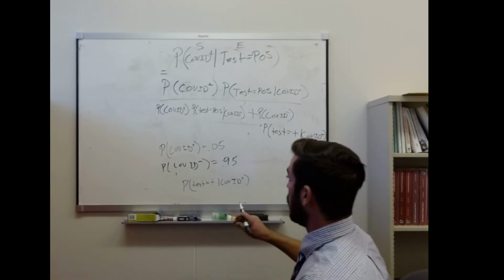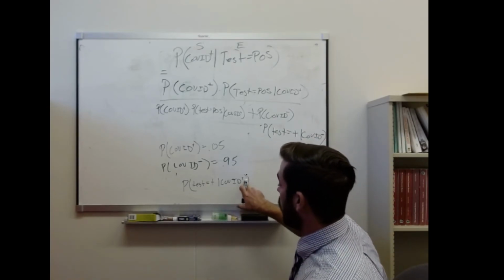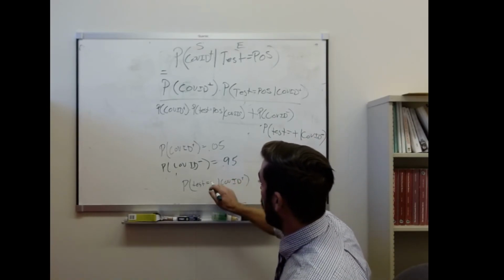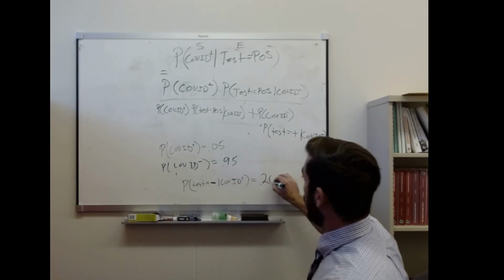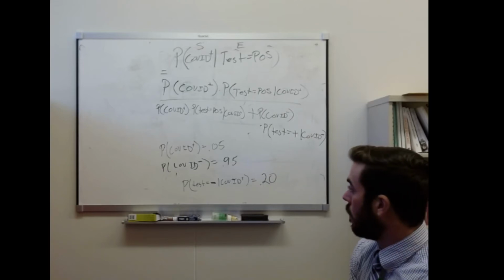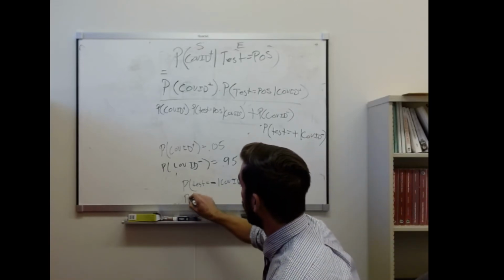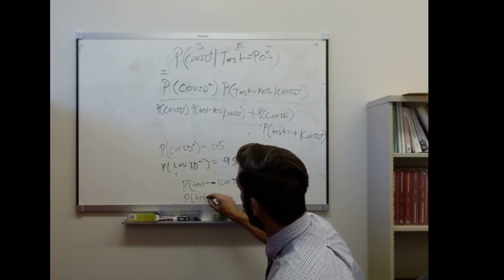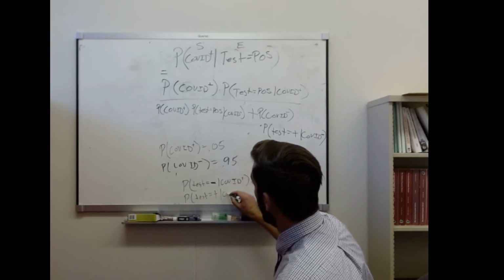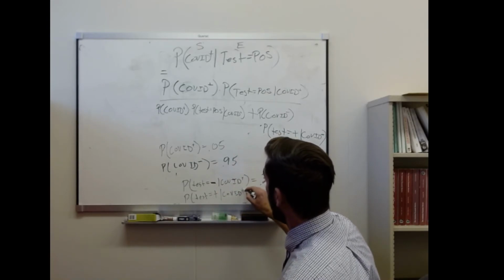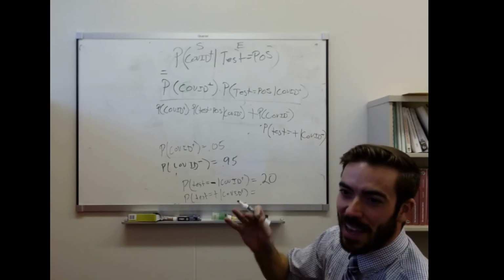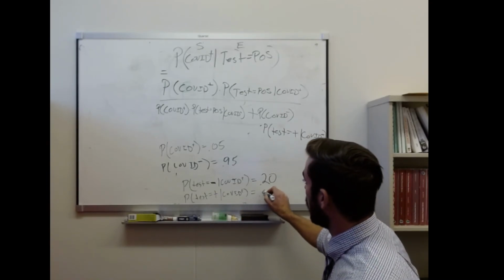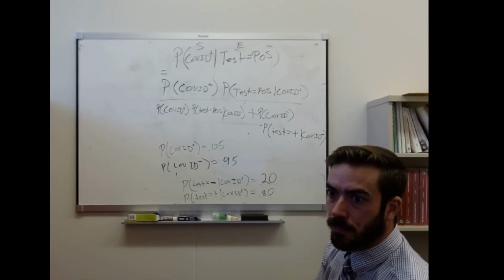Let's use 20%, okay? So that was telling us, given that they are COVID positive, the probability they actually get a negative test result is about 0.20, which would mean the probability that someone that has COVID actually tests positive is 0.80.